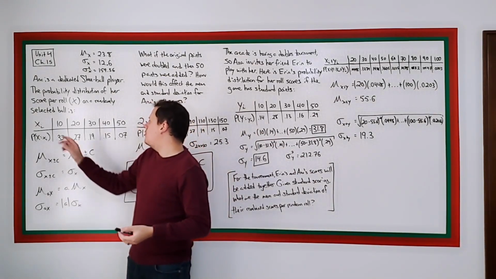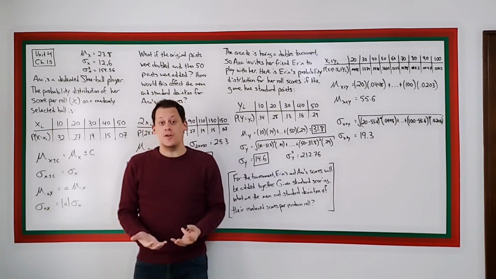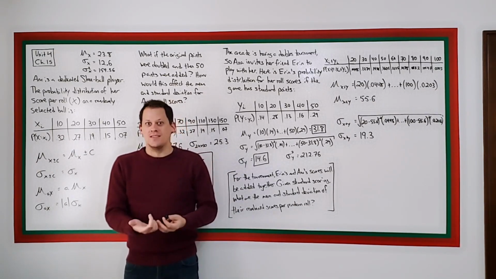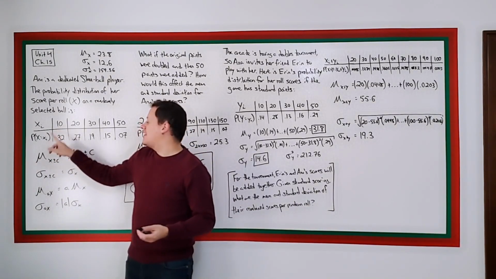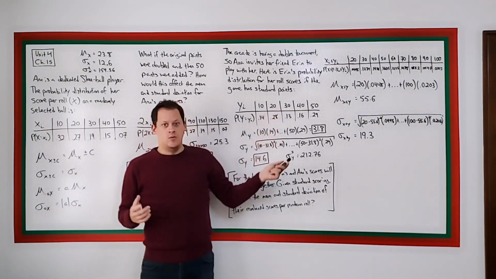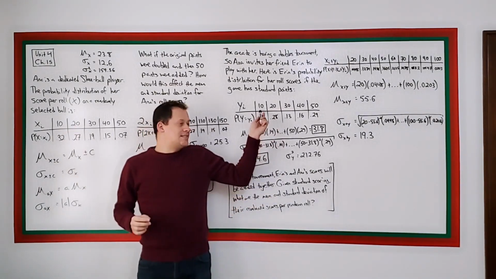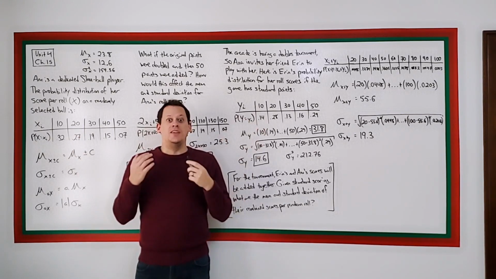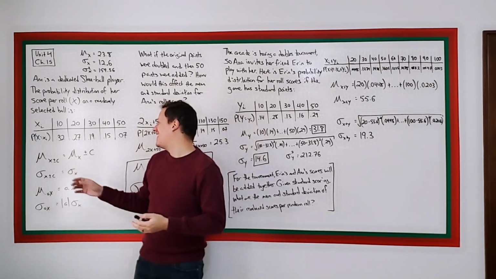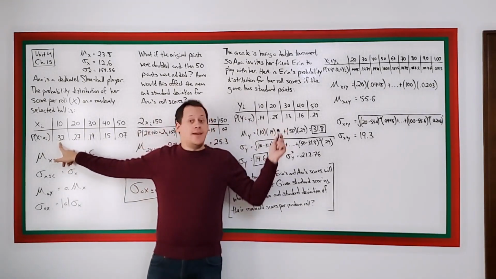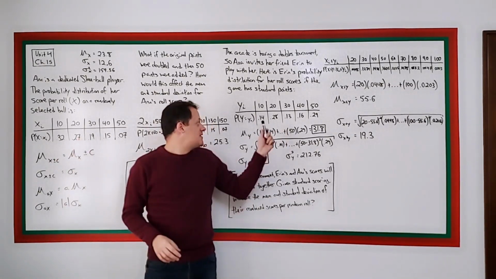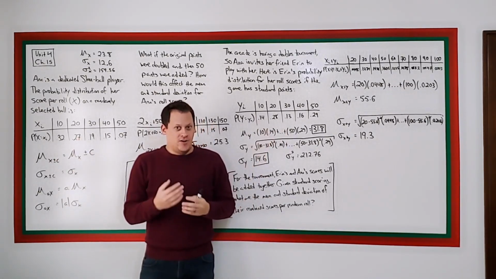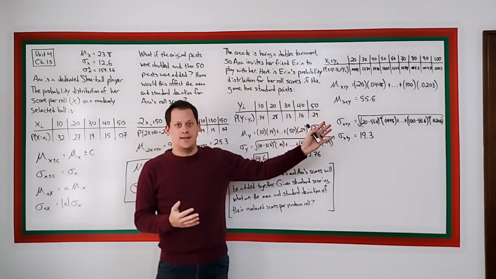Next worst thing would be them getting a combined score of 30, but there are two ways of that happening. Anna getting 10 and Erin getting 20, or Anna getting 20 and Erin getting 10. The probability of that happening is 0.32 times 0.28 plus 0.27 times 0.14. You can see how nasty it gets.